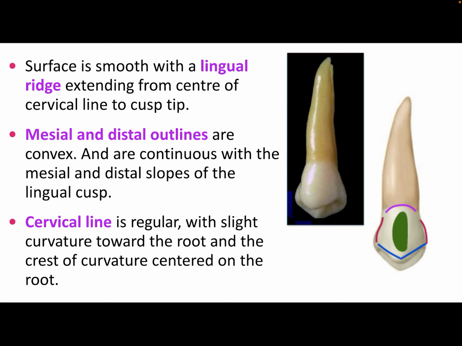Like on the buccal surface we have seen the buccal ridge, on the lingual aspect there is a lingual ridge also present for this tooth. The mesial and distal outlines are convex and continuous with the mesial and distal slopes of the lingual cusp. The cervical line is regular with slight curvature towards the root and the crest of curvature centered on the root.